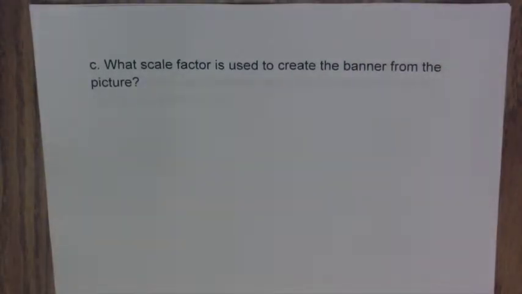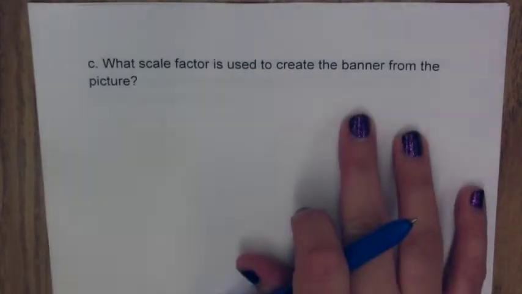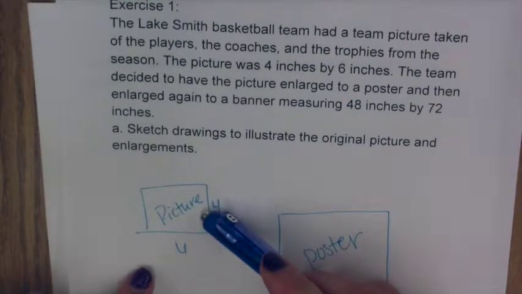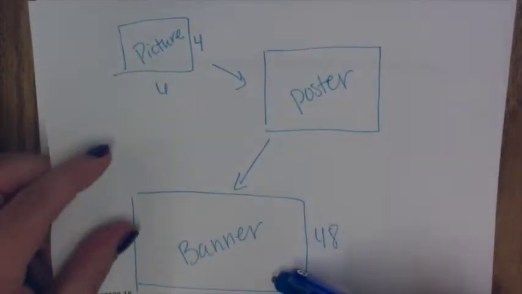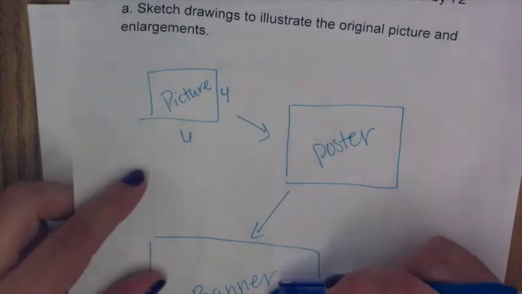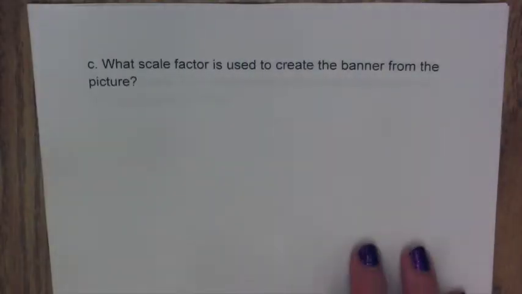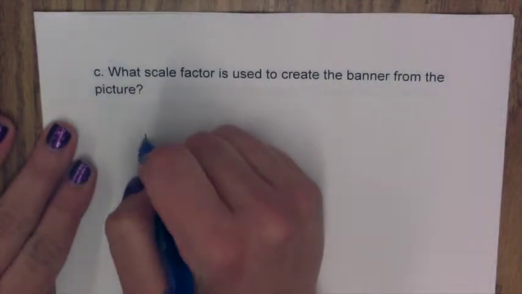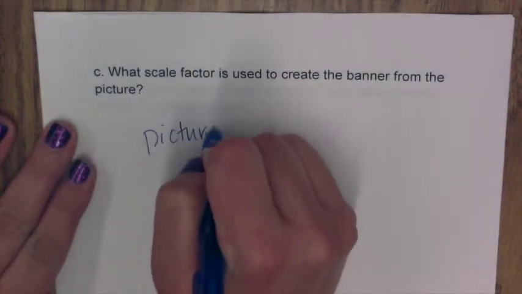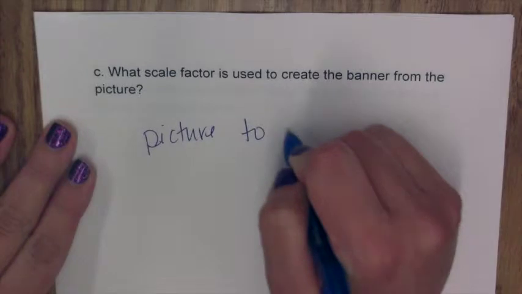Our next question, what scale factor is used to create the banner from the picture? So we're starting at the picture and going to the banner. So what scale factor is used to create this from this? So we're going picture to banner.